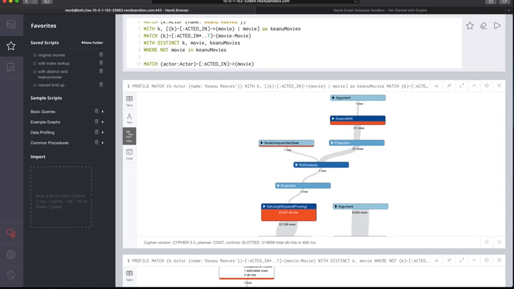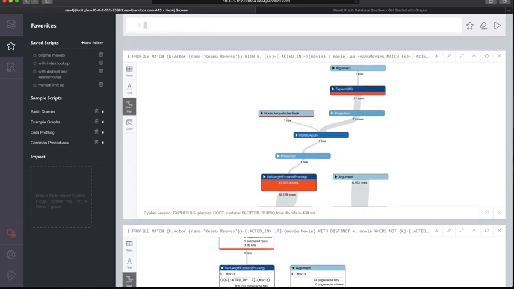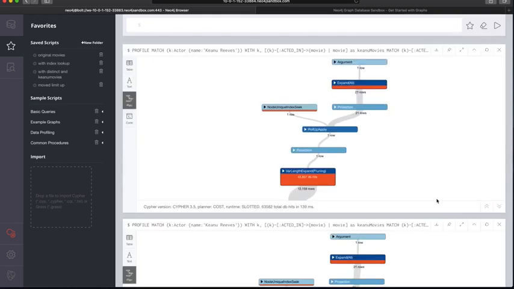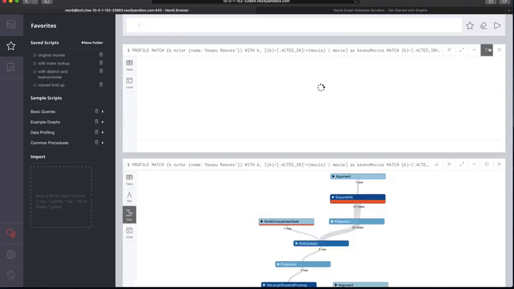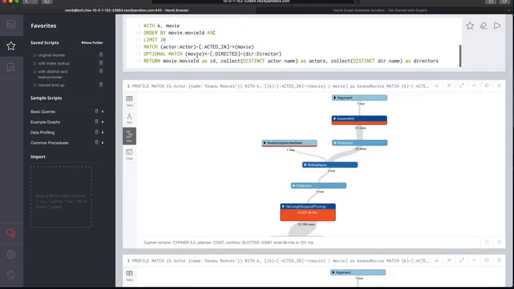We've got what we want. That should allow us to limit much earlier. Oh, there we go. All right, 87 milliseconds, around that area.